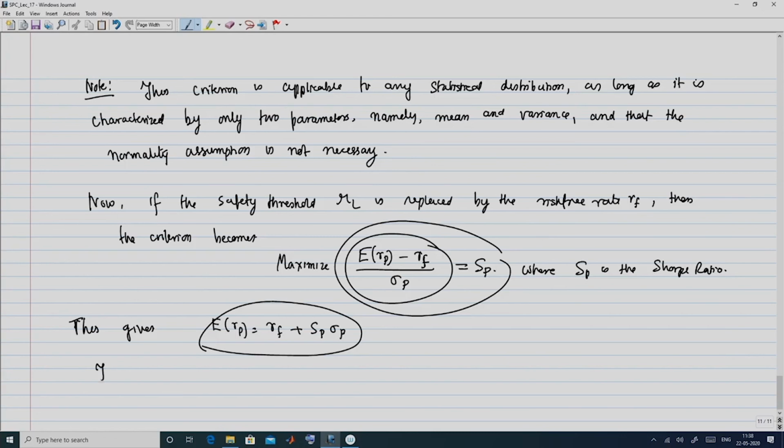So, what is this? This is a straight line in the sigma p, E(Rp) space with intercept Rf and slope Sp. Remember, this is in the sigma p, E(Rp) plane. So, Sp is the slope and Rf is the intercept.